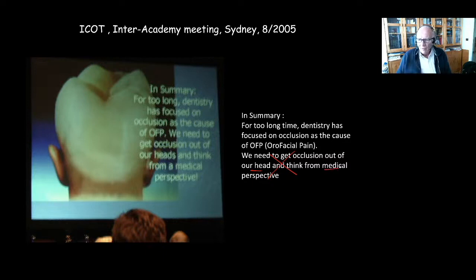And I have been thinking from a medical perspective for many years. It is a provocative sentence. I refuse it. But I agree with this. And why do I agree with this? Words are important. I agree because he was speaking of orofacial pain.